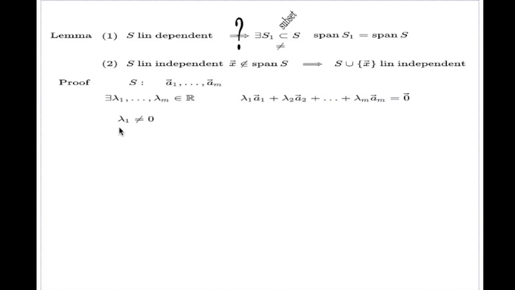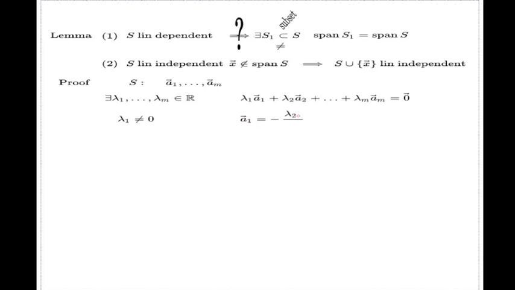Right. If I know that lambda 1 is non-zero, the step I can do now is solve for this. We did it a few times, and that's the very typical step which involves linear dependence. If you know that one of the coefficients, specifically lambda 1, is non-zero, you can always solve for the vector standing next to this coefficient. Because it's non-zero, I can divide by it.